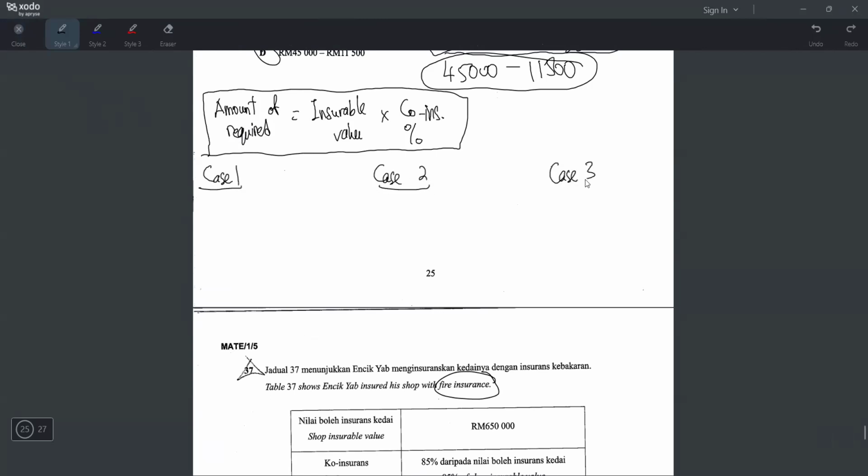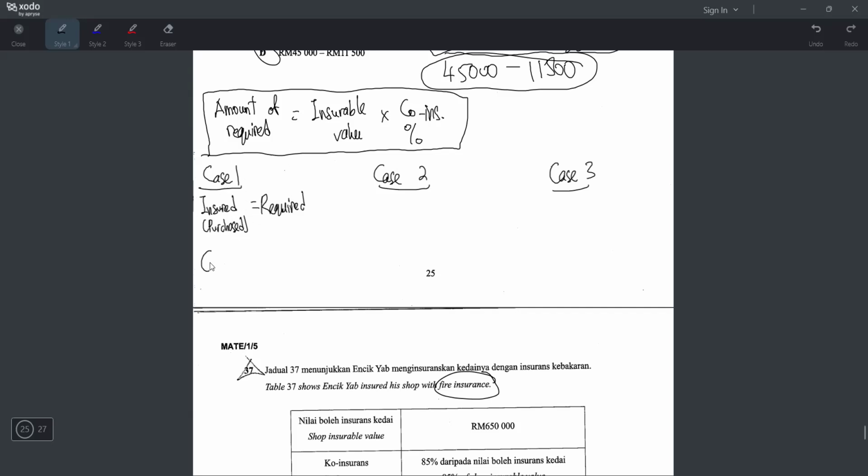Okay. Let me explain the three cases. Case 1 is when your insured value, insured means purchased, meaning what has already been bought, is equal to the required. It means the amount you purchased is the same as the amount you are required to buy. Then it's case 1.